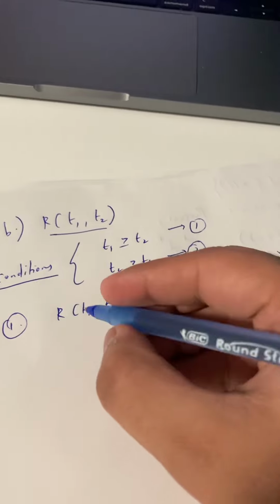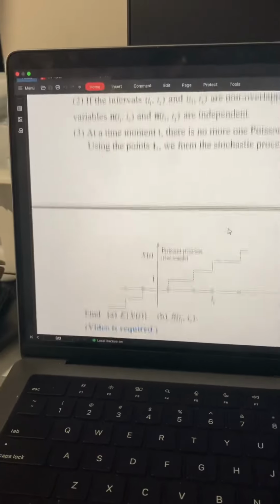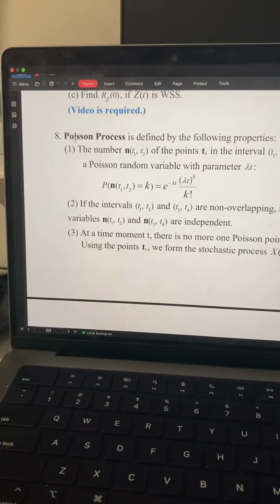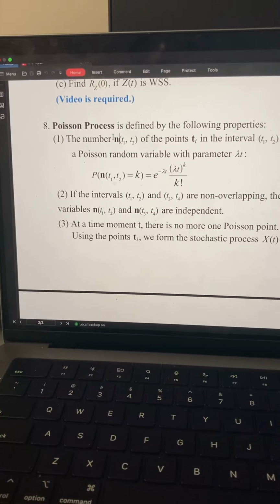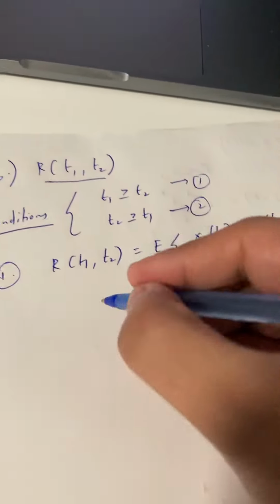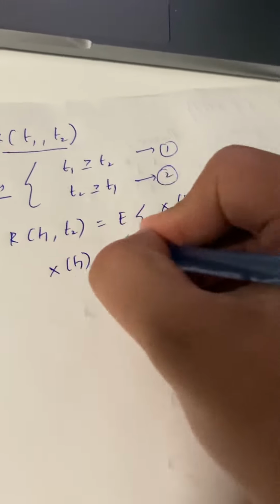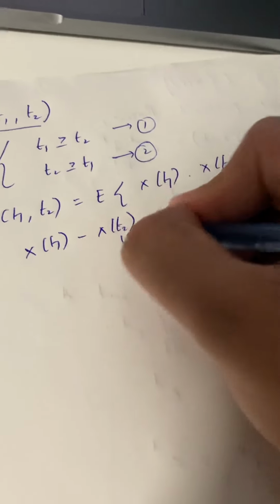Given that we have considered Poisson's process, we know that Poisson's process is an independent incremental process. So we can write that x of T1 minus x of T2 is also independent in this case.